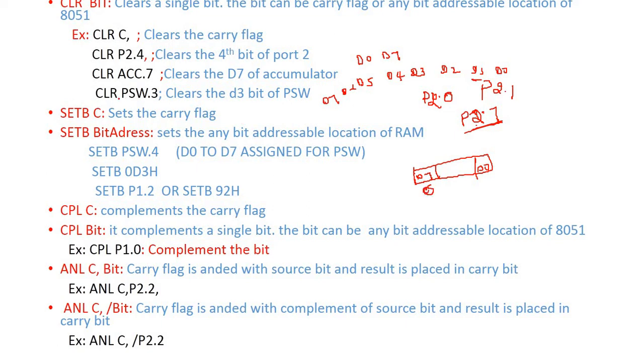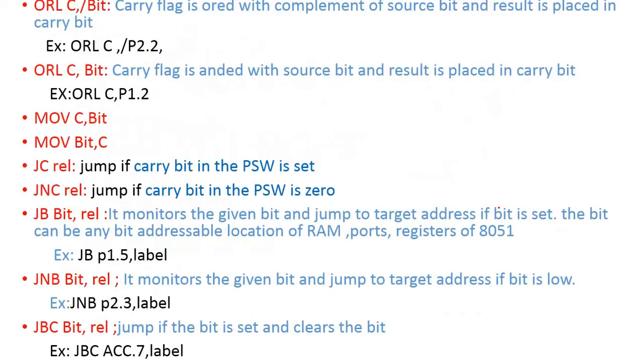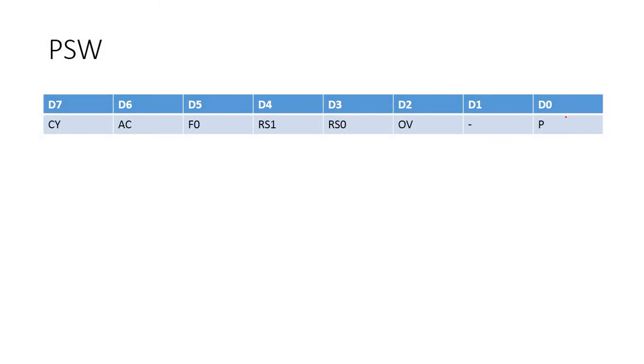Next we have CLR PSW.3, and you all know that PSW is the program status word, in which we check many flags. D0 is the parity flag, D2 is the overflow, D3 is RS0, D4 is RS1, D5 is a user defined flag, D6 is AC, and D7 is the carry flag.